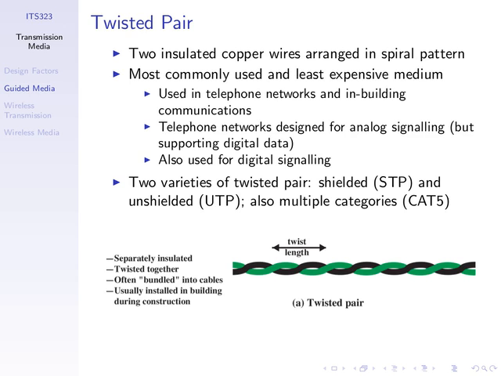Category 6, which provides higher quality wiring, supports normally up to 250 megahertz. Maybe higher in some cases. So with a larger bandwidth, we can send better quality signals, higher data rate. So there's some difference in the types of cables.